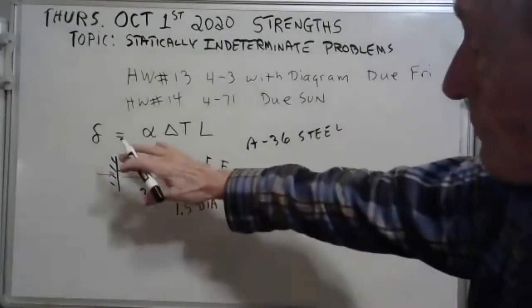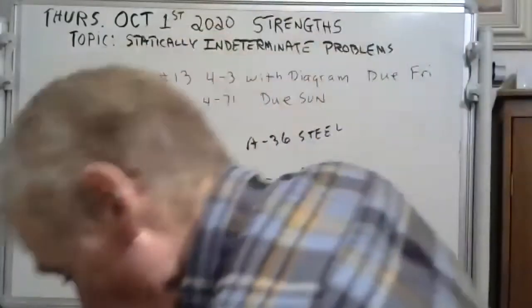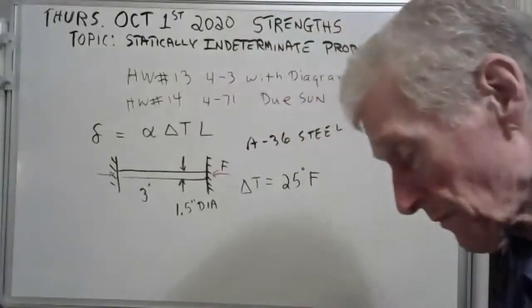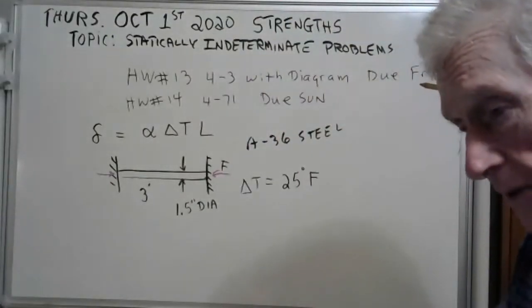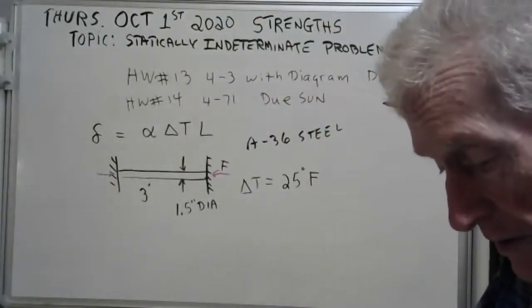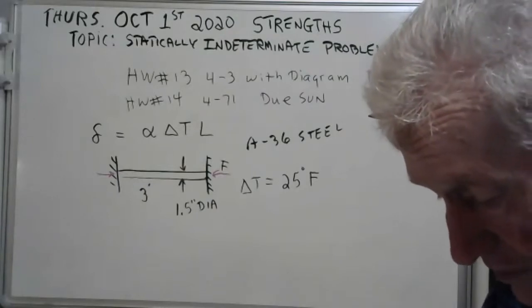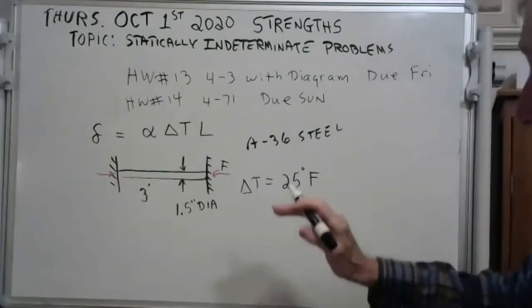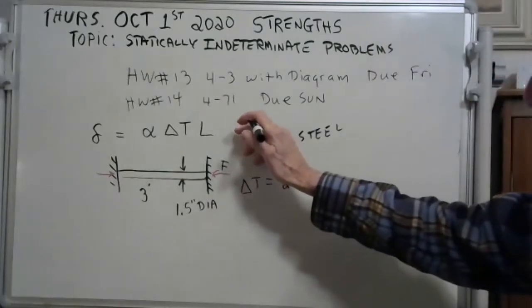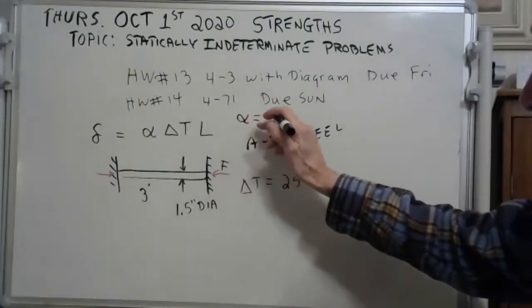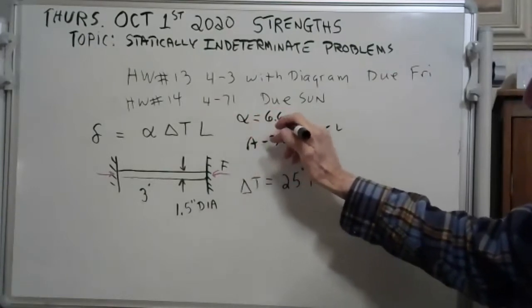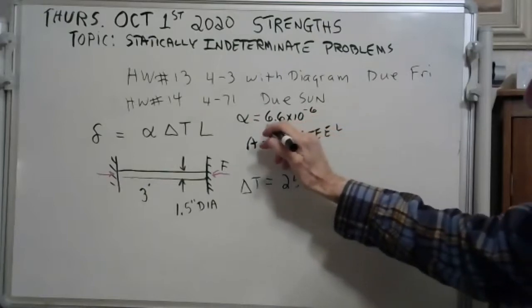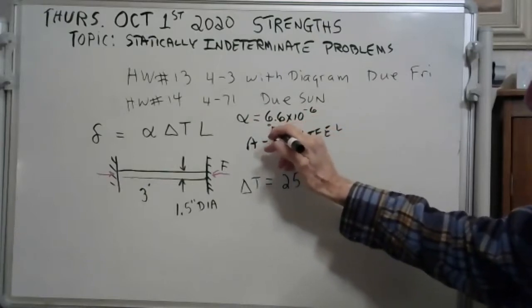Okay. Well, we're going to have to look up this alpha. Go in your book. It's in the back page, and you want to look it up for U.S. customary, and it says 6.6. Let me write that down someplace. It's 6.6 times 10 to the minus 6 per degree Fahrenheit.